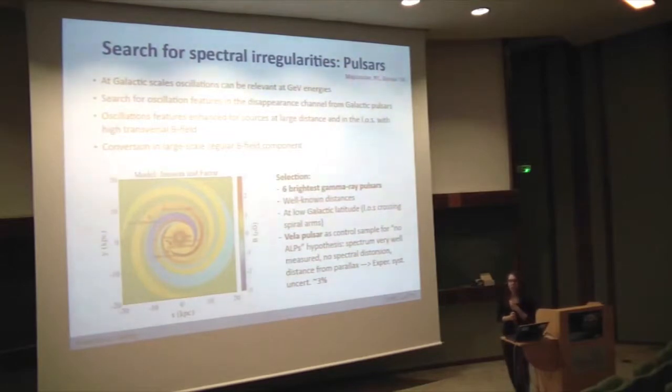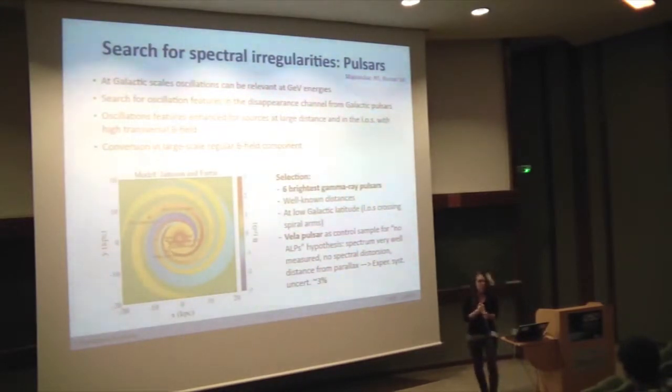Yeah. So the other thing that you can do, and what we have done in collaboration with Jelik Majumdar and Dieter Horns in Hamburg, was to look at targeted galactic sources. So not extragalactic ones, but sources that are within our own galaxy, for which you have a good determination of the distance, and for which you want to maximize the conversion probability.